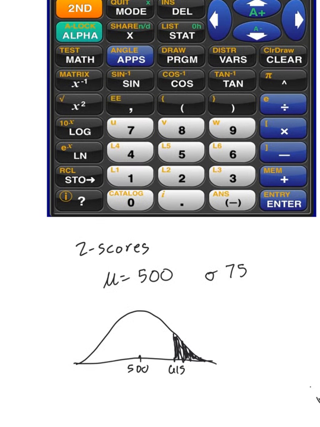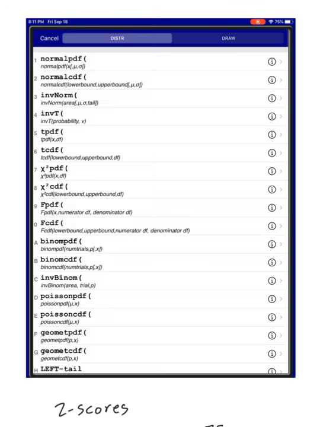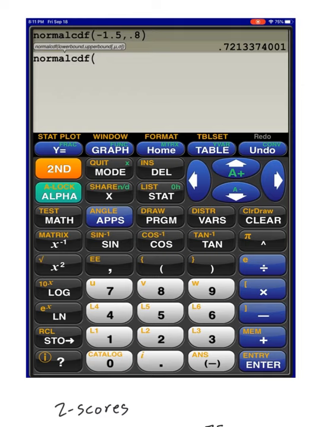So we take that into consideration when we use our graphing calculator. I wanted the chance of getting 615 apples or more. Well, we can use the normal CDF. It wants the lower bound, and my lower bound is 615. For the upper bound, I'm going to make it really high because I want it to just be more, so I press 99999.